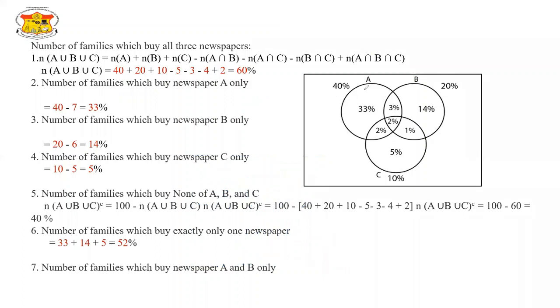So here, see this. This is a Venn diagram. Number of families which buy all the 3 newspapers means here you have to find out this whole part.